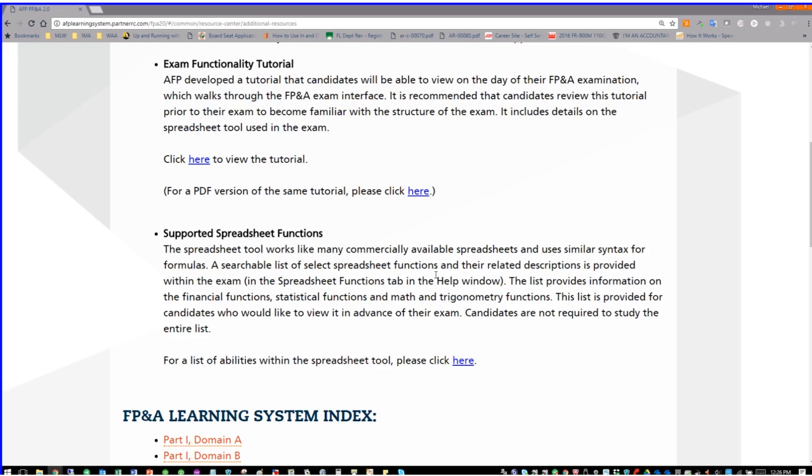And I strongly encourage you to get comfortable with that tool before you get to the exam window, because it is different. And those differences, you don't want to be figuring that out on your exam time. So you need to come back in here and play these videos and get comfortable with the tools ahead of time.